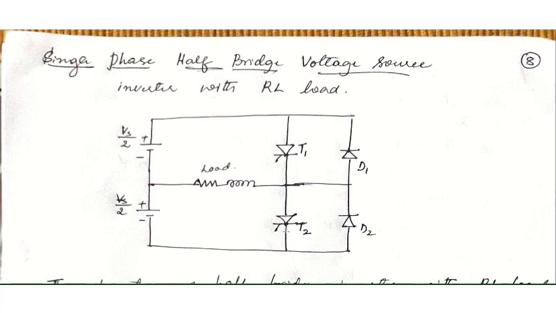If T2 is conducting, then the current in the circuit will be in this direction.